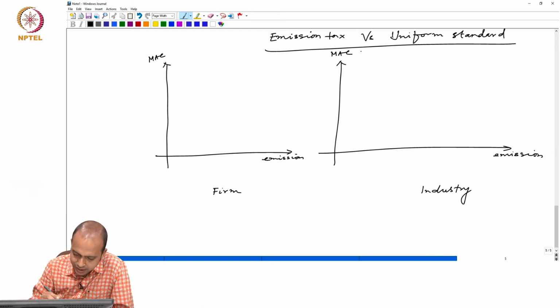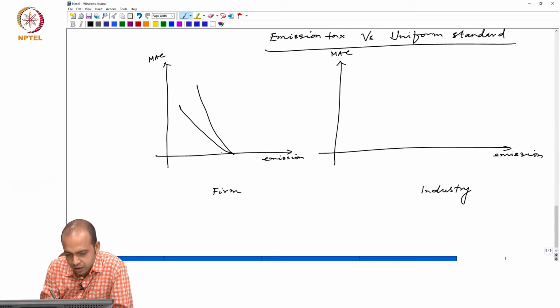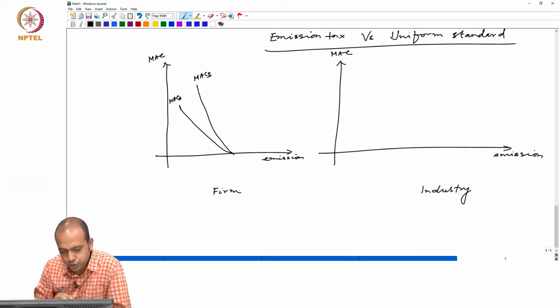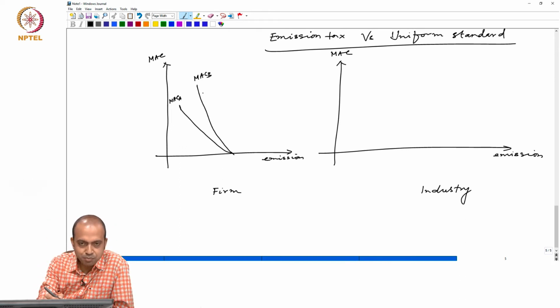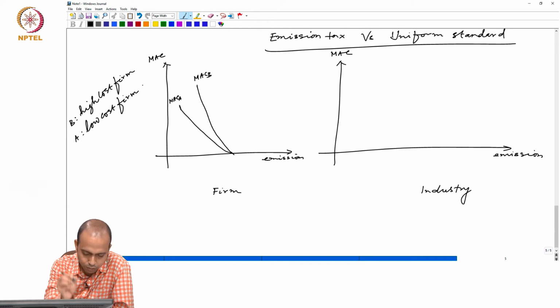Now, let us say that there are two firms A and B, and this is MAC A, and this is MAC B. So, we can understand very well that MAC B is higher than MAC A, that means firm B is a high cost firm, and A is a low cost firm. Right.